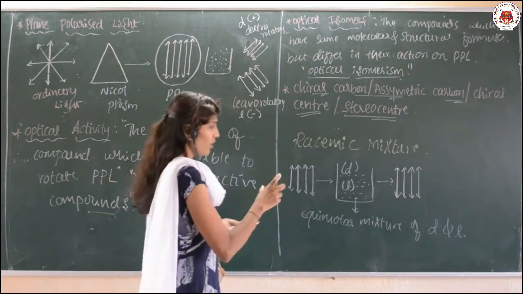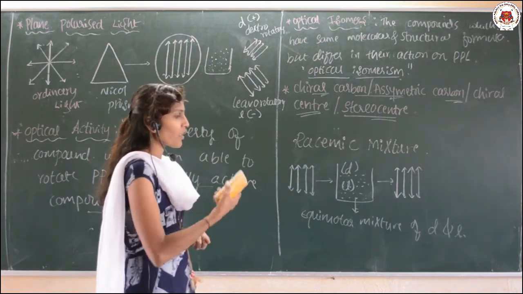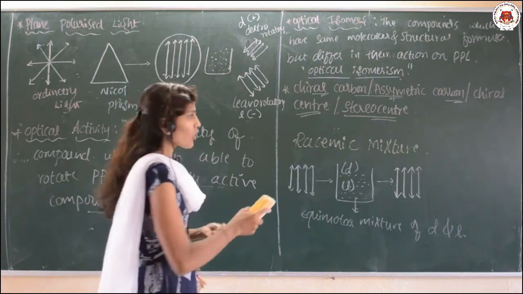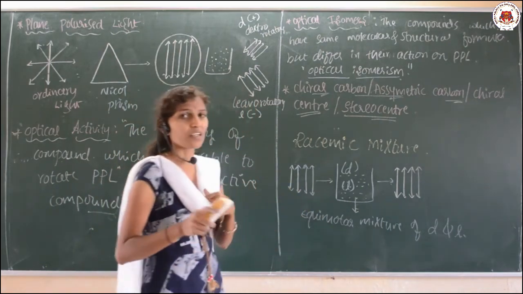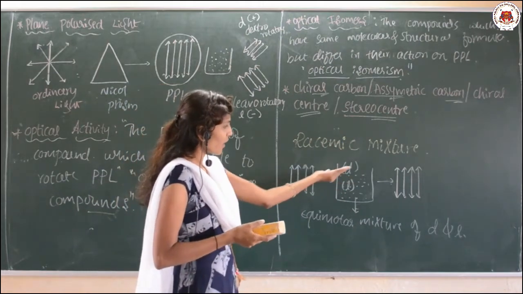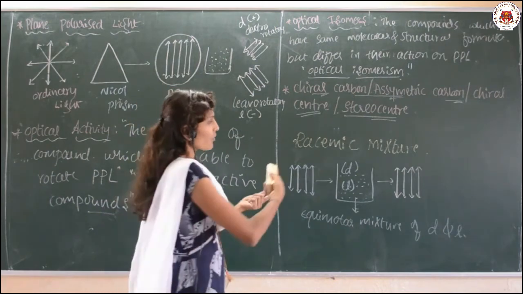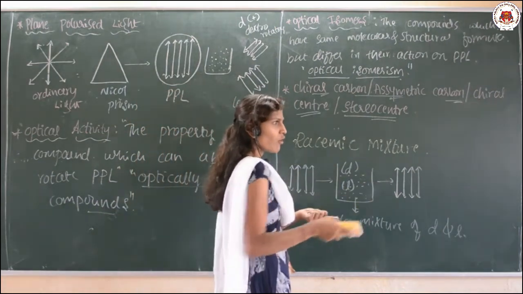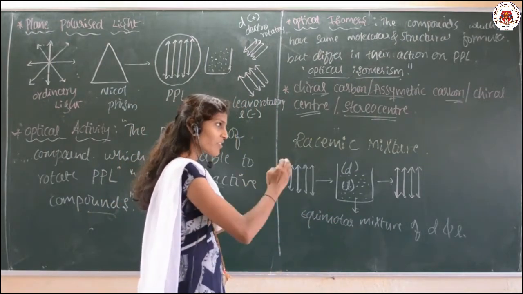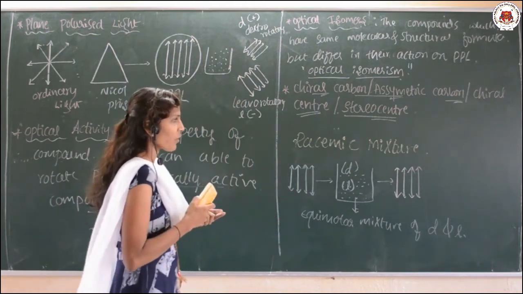It means the equimolar mixture consisting of both dextrorotatory and levorotatory compounds, so that their action on the PPL is cancelled, because one wants to rotate clockwise and another wants to rotate anti-clockwise. What about the rotation of PPL? It will not rotate, because both actions are opposite to each other. It is passed as it is. Okay, so this is what we call a racemic mixture.